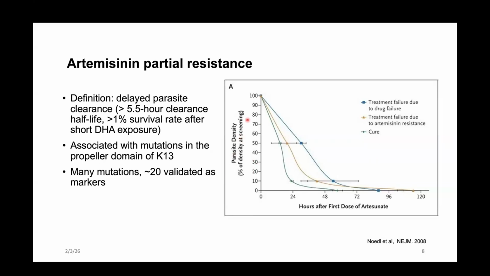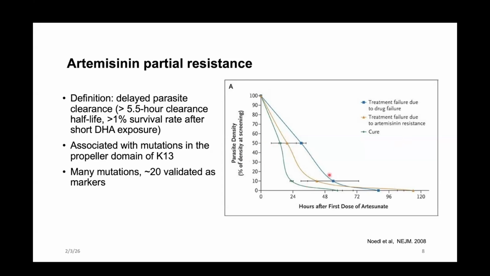What you see here is parasite density on the y-axis, and then time after treatment on the x-axis. And then we have here 3 curves. The first one is the curve for treatment failure in blue, and then the one for treatment failure due to artemisinin resistance, which now we call partial resistance, in yellow or orange. And then the green is the one for the person who was cured.